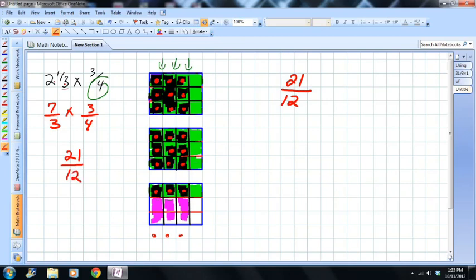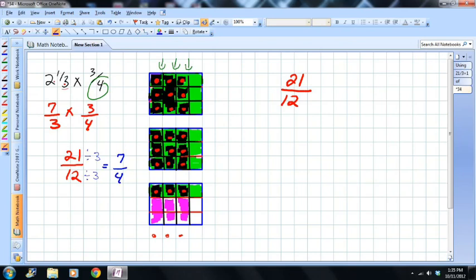But this fraction can actually be reduced. If we reduce this, the numerator and this denominator can both be divided by 3. So when we reduce this fraction, we get 7/4.